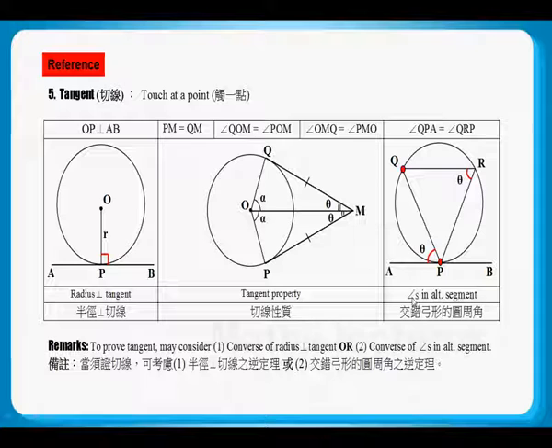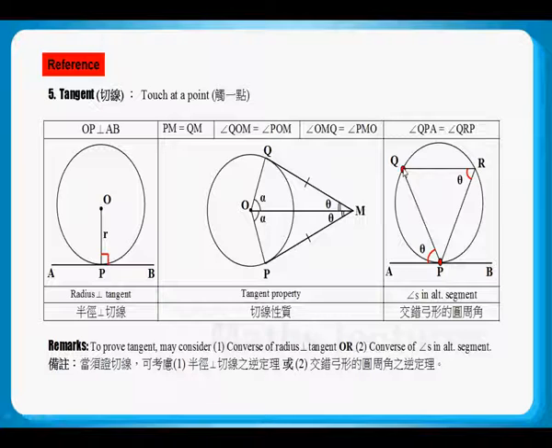Now, in the angles in alternate segment, why are they equal? I just want to help you to use this instead of giving you an explanation here. Now, if we have a chord and tangent, we have an angle called tangent chord angle. And this chord has 2 circumference points.